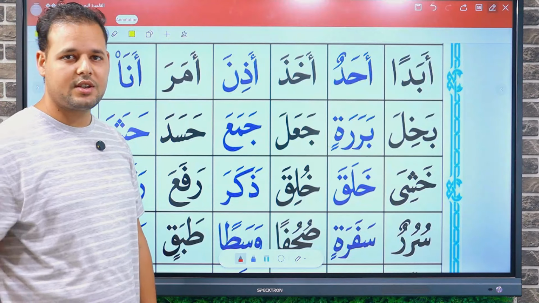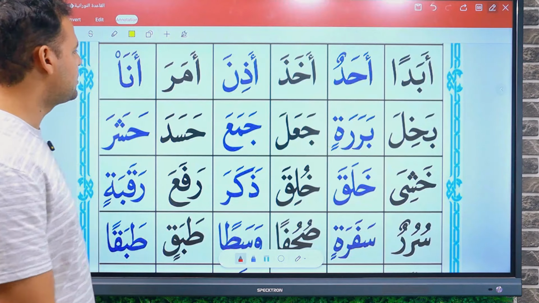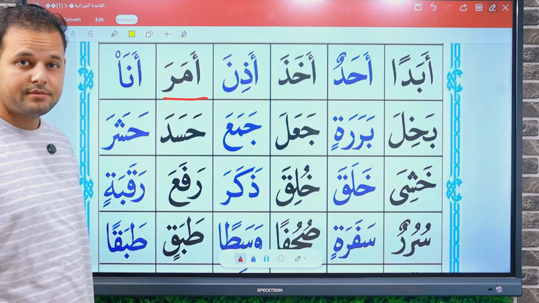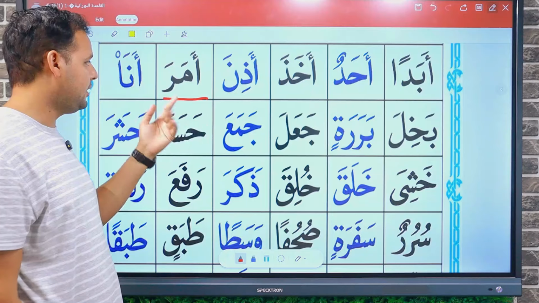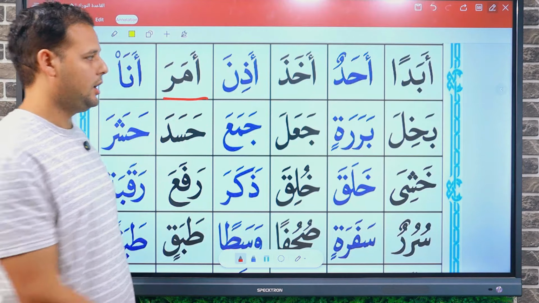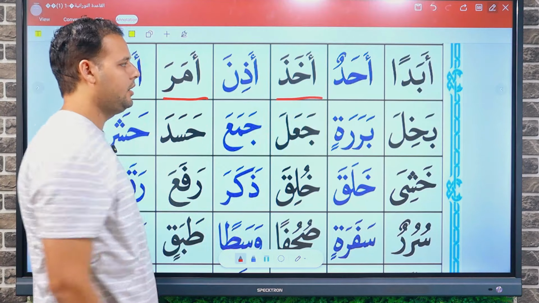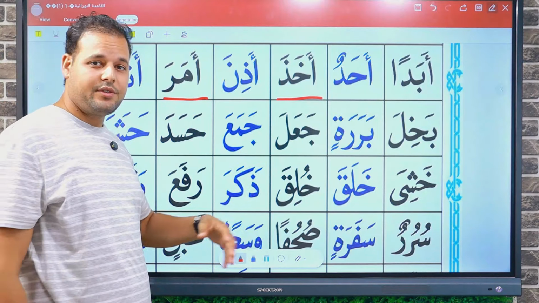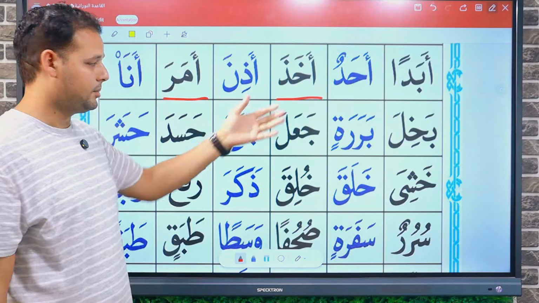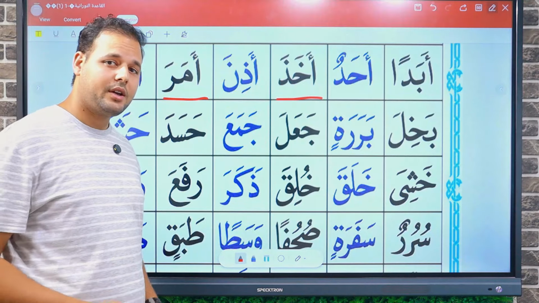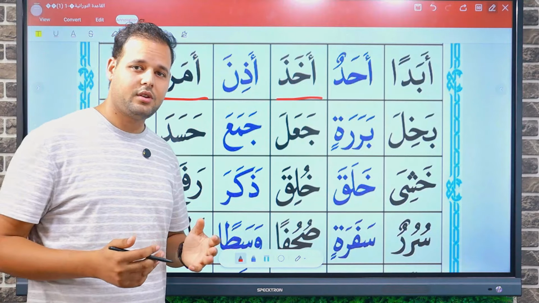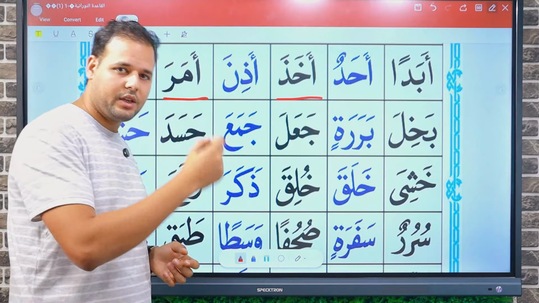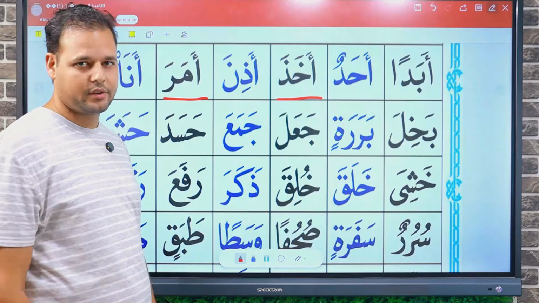Now let's try to exercise this in words. We'll start with this one. Yes, it's a, ma, ra. How about this one? A, kha, za. When you are doing that, if there are letters that you don't know, like in between the words, try to go back to the page that I told you to print and go from the beginning of the alphabet to the end of the alphabet, and you're going to find your letter.